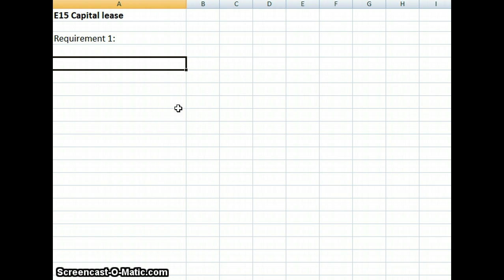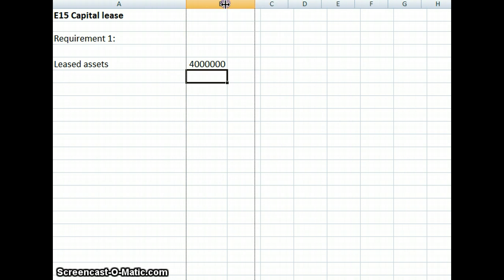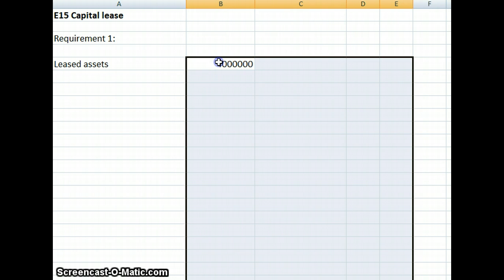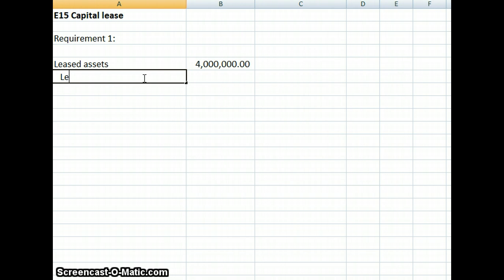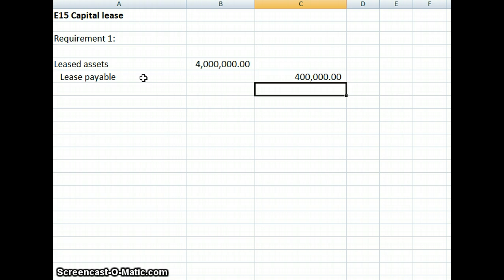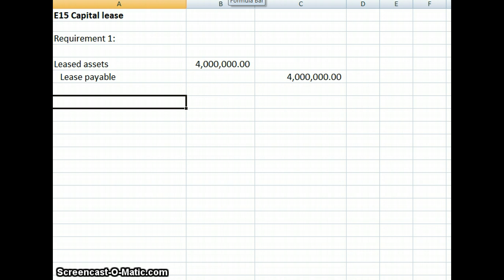We are going to debit leased assets of $4 million, and we will be crediting our lease payable for $4 million. That's all to that.